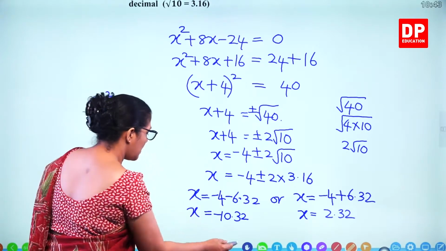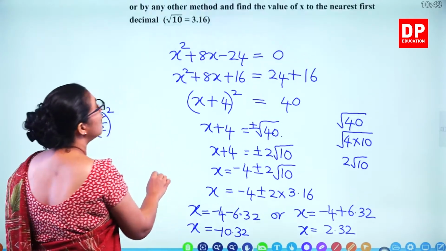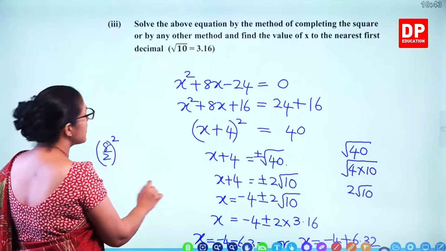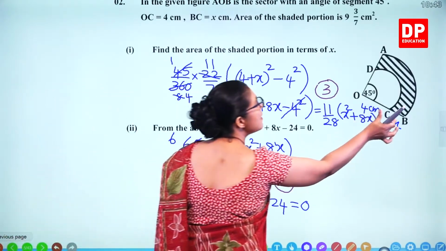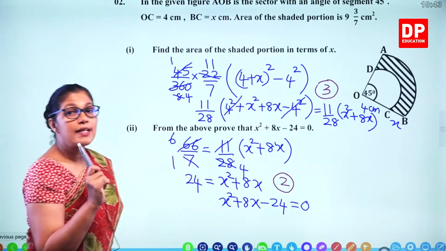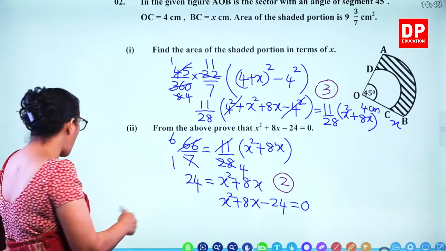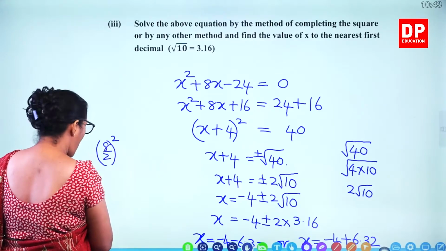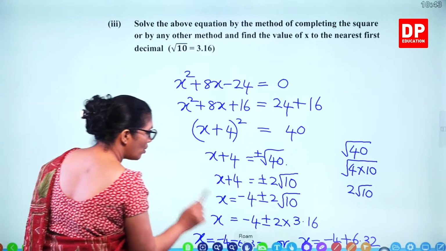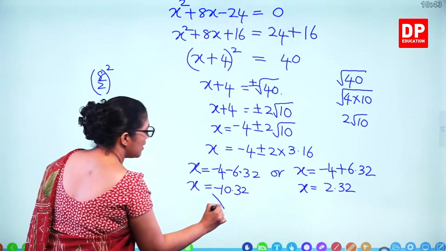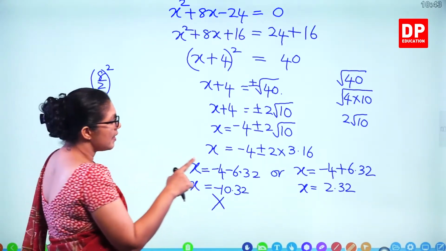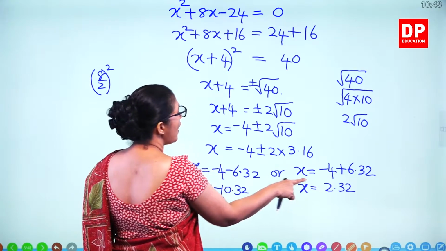What is x? According to the diagram, x is a length. Can you get a negative answer for x? You can't get negative answer. So you have to ignore the negative answer. You can't take it. That's about length. Then only x equals 2.32.